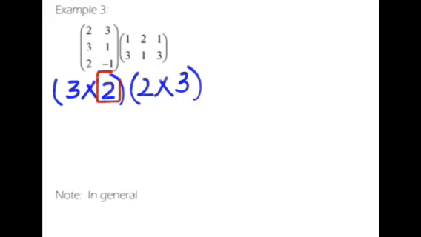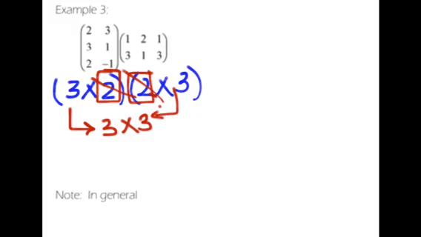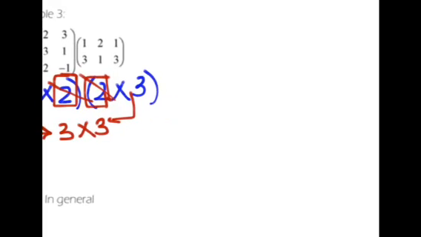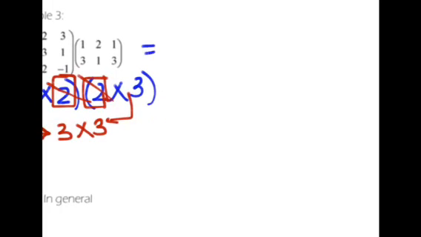You check if this number and this number are the same, which they are, and you will end up with a 3-row by 3-column matrix in the end. So 3 rows and 3 columns.